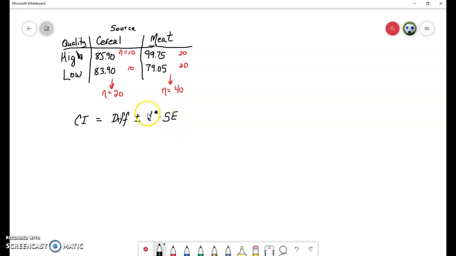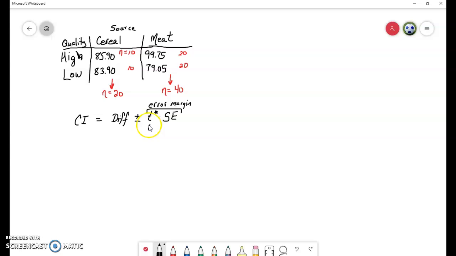So this part right here is known as the error margin, and you'll be familiar with that from, say, political polls, where you'll see that maybe the difference between Republicans and Democrats on this issue is 10% plus or minus 3%. That plus or minus portion is the error margin.